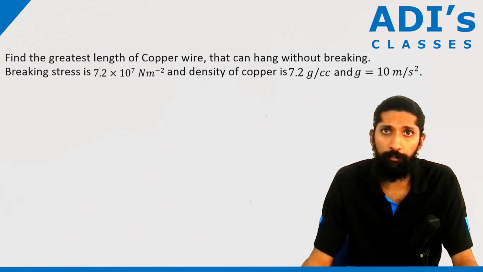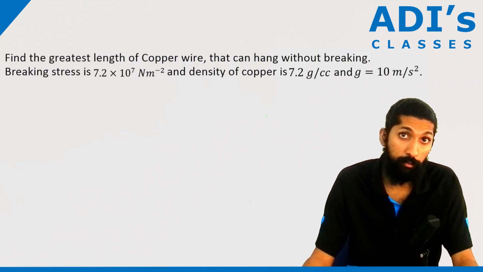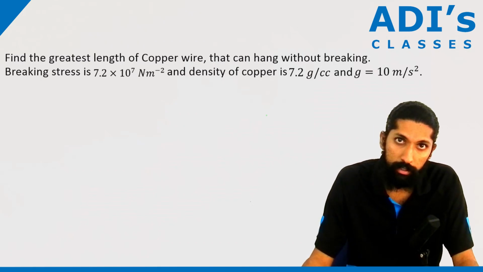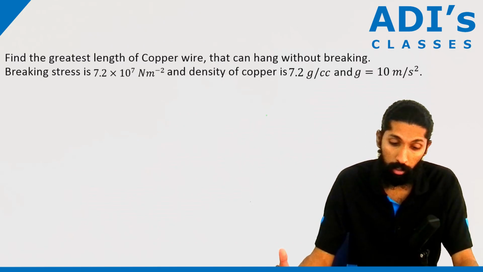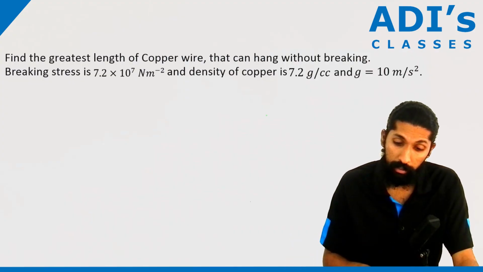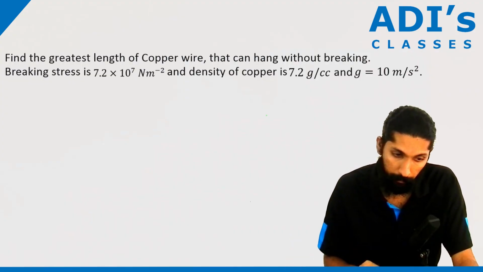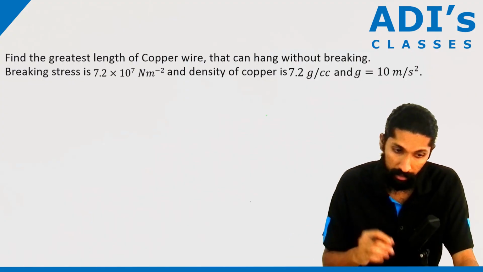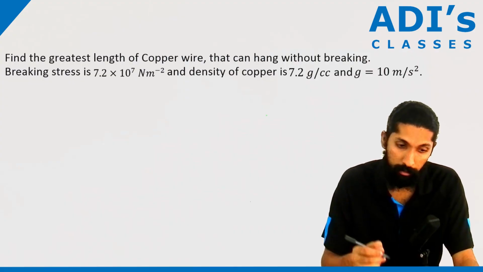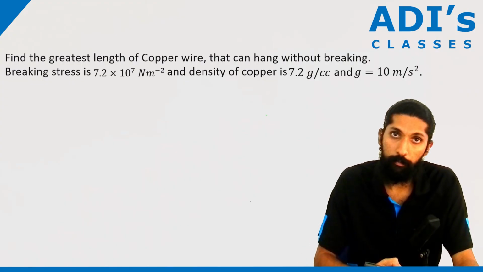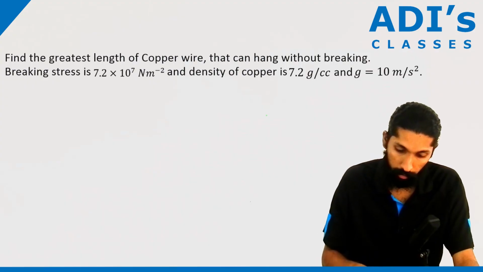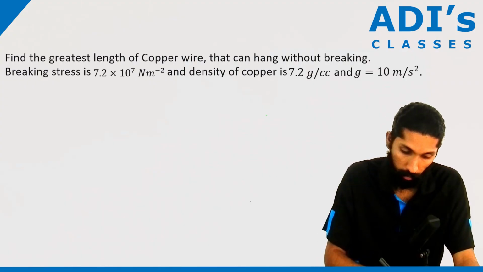So if any of you don't know the formula, I'll just give you the formula once. Then maybe you guys can give it a try. Now remember, whenever you're talking about a wire that can hang without breaking, the breaking stress is basically the weight of the wire by area of the cross section. So you can note down this particular formula if you want.